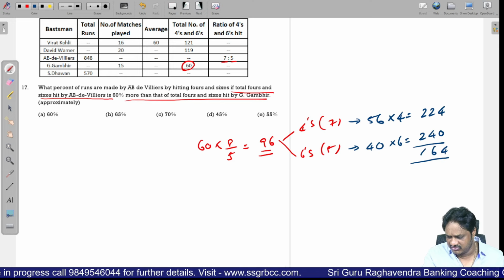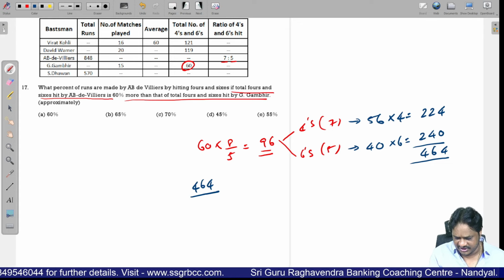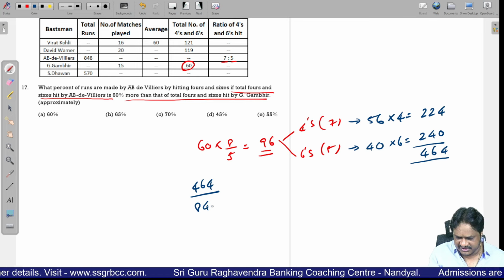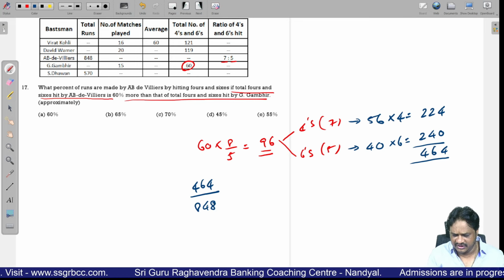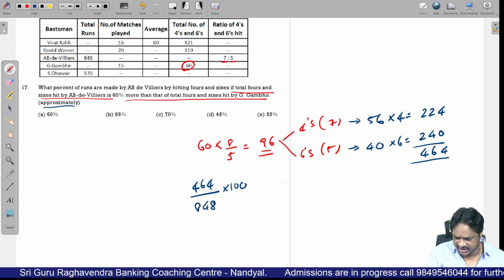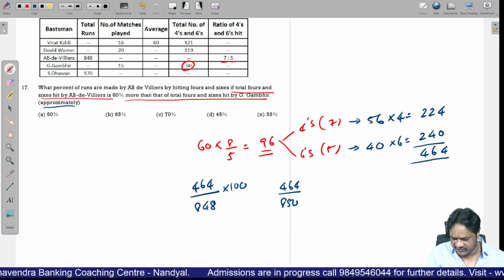So in total we are getting 464 runs by boundaries by AB de Villiers out of 848. 848 into 100. We have to do into 100. Since it is asked approximately, I am taking 464 by 850 into 100.